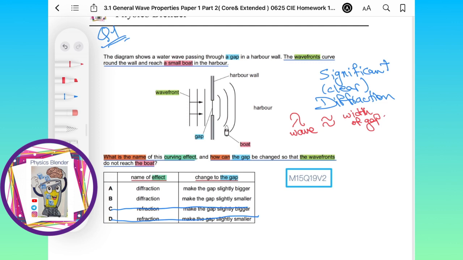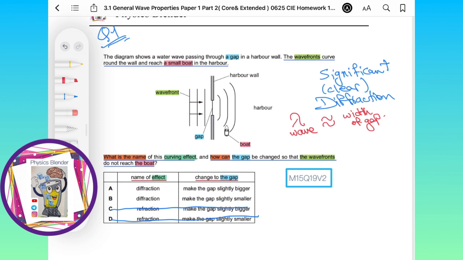And the wavefronts will be circular and spread out more and so on. So here the dimensions of the gap will be slightly bigger or slightly smaller, so they will not reach the boat.